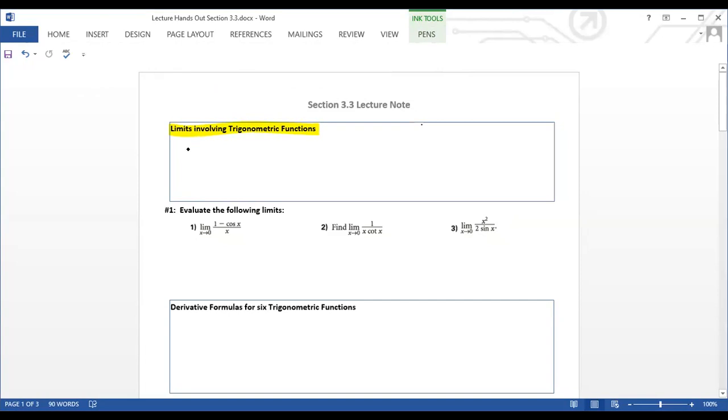I just want you to take these as part of the formula. The reason we want these limits for the trig functions is because later I'm going to show you how to derive the trig function formulas just by using our limit definitions.